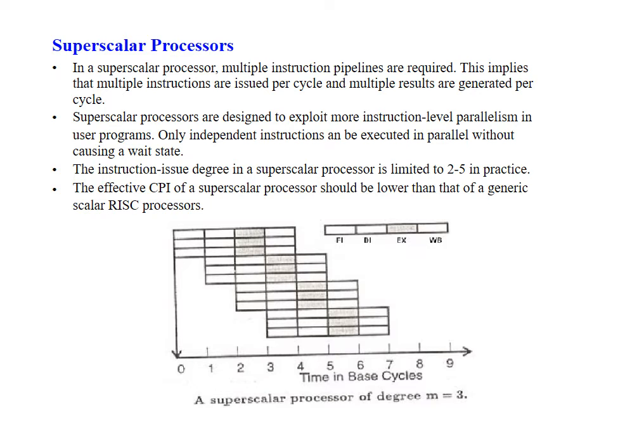Only independent instructions can be executed in parallel without causing a wait state. The instruction issue degree in a Superscalar processor is limited to 2 to 5 in practice. The effective CPI of a Superscalar processor should be lower than that of a generic scalar RISC processor, and the given example is the Superscalar processor of degree 3.